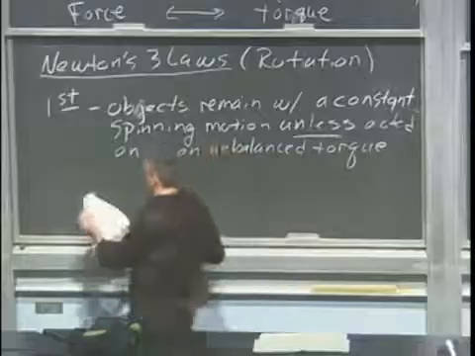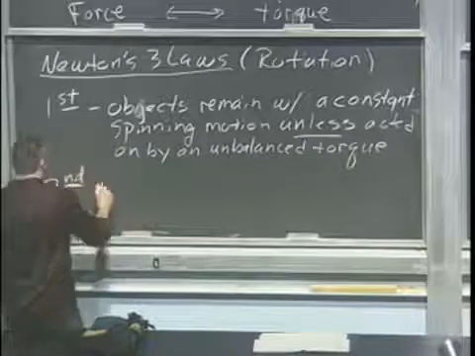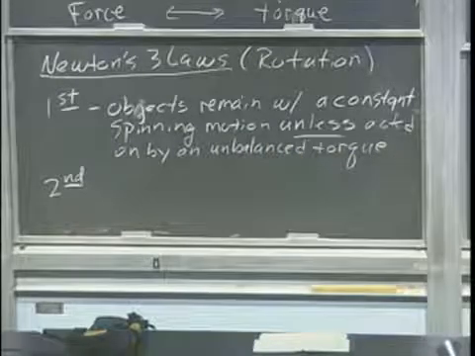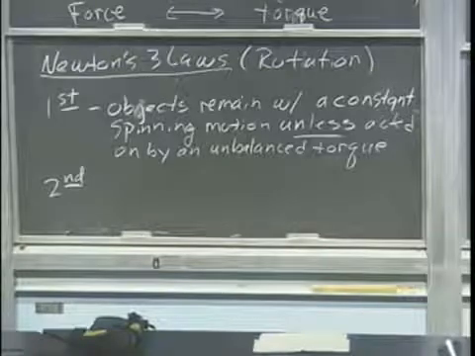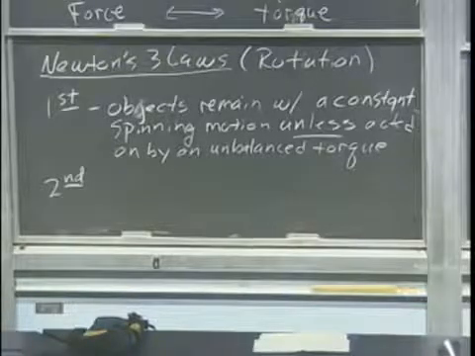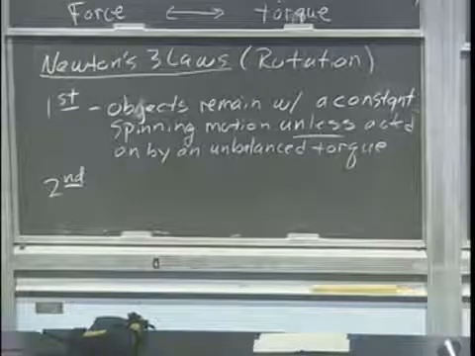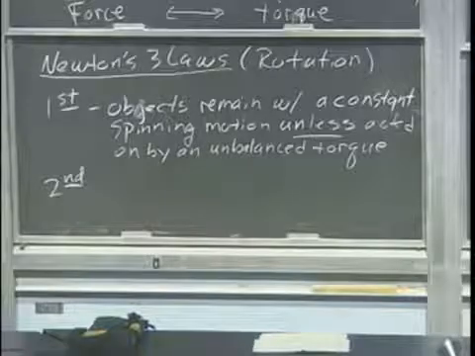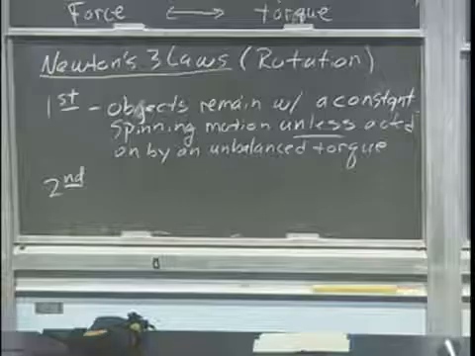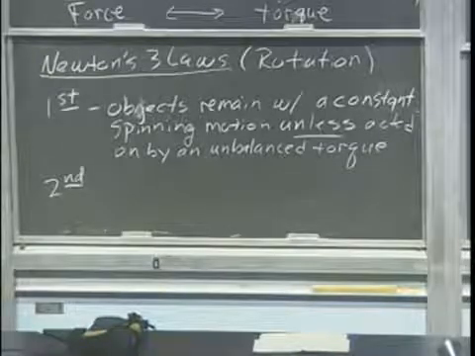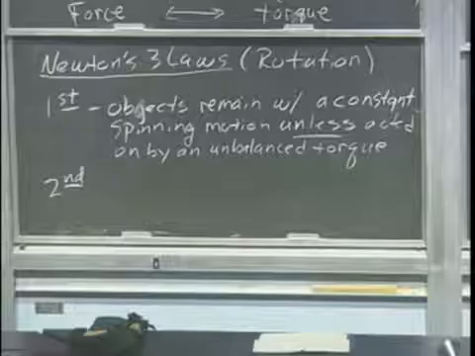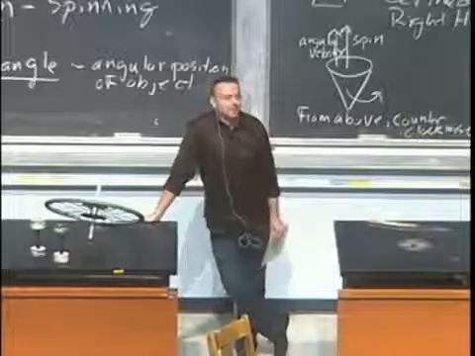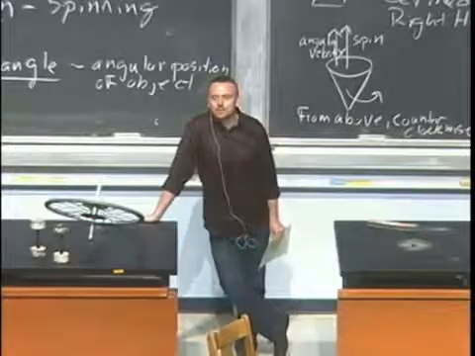The second of Newton's laws. Remember, for translational motion, that was basically the law that the acceleration was proportional to the force, inversely proportional to the mass. So when you apply an unbalanced force on an object, its acceleration depended on the mass of the object. The larger the mass, the smaller the acceleration. The same holds for rotational motion. In long words, any unbalanced torque will impart an angular acceleration, and the larger the rotational mass, the smaller the angular acceleration.